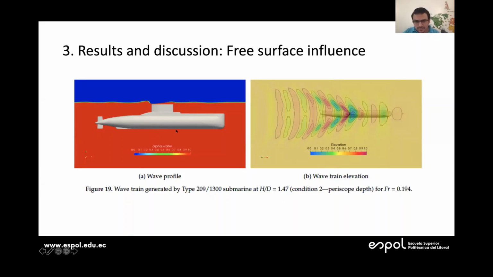And we noticed that a wave train is generated, especially close to the sail of the submarine, and it propagates downstream. But because the main hull is quite close to the free surface, we also have a weak wave system generated due to the hull.